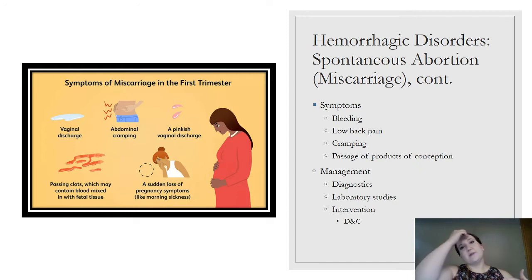HCG is released by the placenta. Okay, so during pregnancy, as that placenta grows and develops, more of that hormone is then excreted. Okay, so you should have HCG levels that trend up, like so, right?